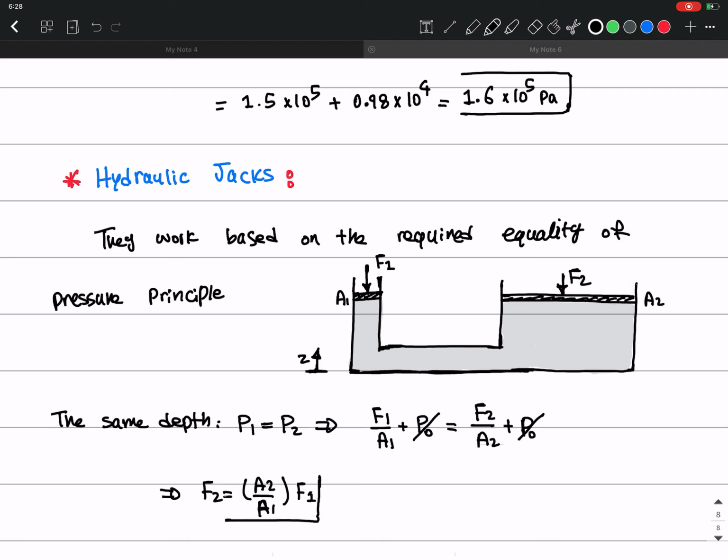So what does this mean? This means if you design a jack where the A2 cross-section is much bigger than A1, and that is how jacks work, then A2 over A1 is going to be much bigger than 1. And so F2 should be much greater than F1.